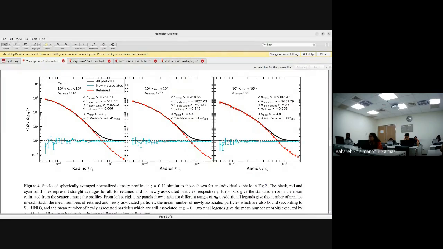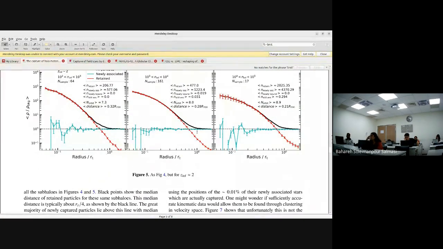That means no matter how you increase the mass of the subhalo, or how many orbits it finishes, what is newly captured by this subhalo is still at the level of the background density.